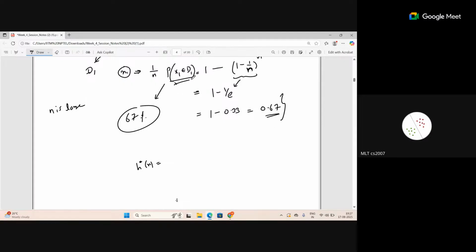That means it is there in the data set, it comes once, so next time it can appear again. If you think in that way, it's like a 33% chance that it will repeat, and 67% chance that it will not repeat.